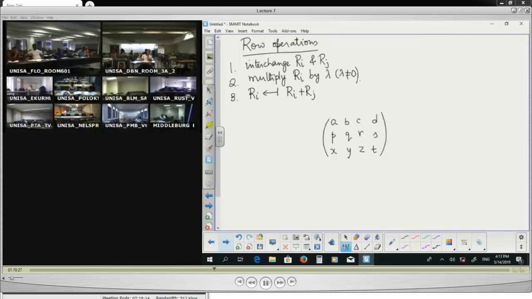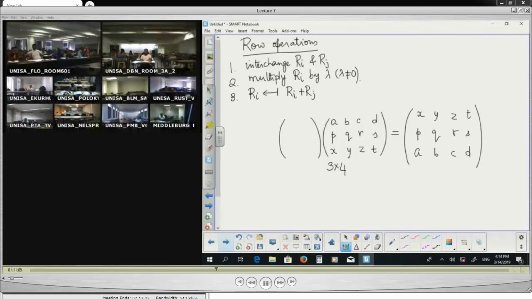Think. So this is a 3 by 4 matrix. Okay? I want a matrix over here by which if I multiply, the answer would be the matrix with the first and third rows exchanged. So this is also a 3 by 4 matrix.